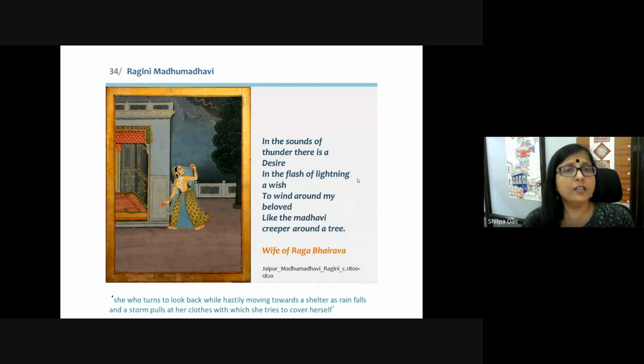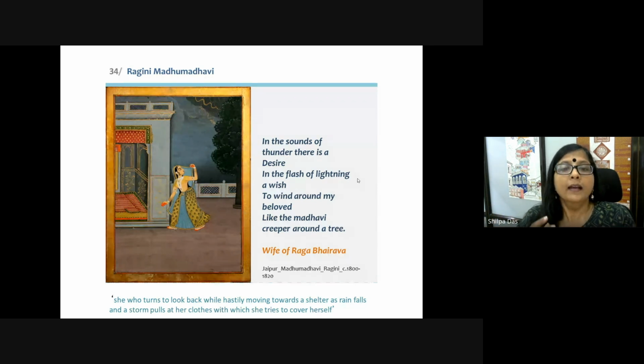On the one hand, she wants to be indoors and protected from the storm, but on the other, the clouds and the lightning create in her this desire to be with her beloved, or she is worrying about him and his safety. And so, just as the rain is about to descend or has descended, she is rushing inside.